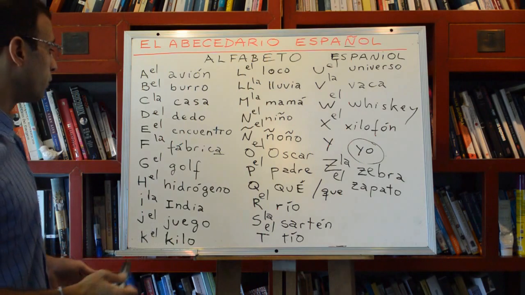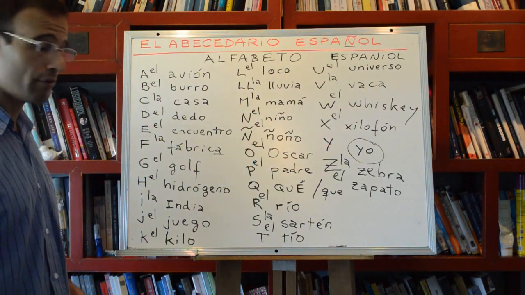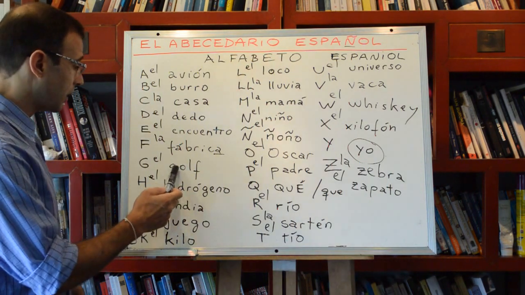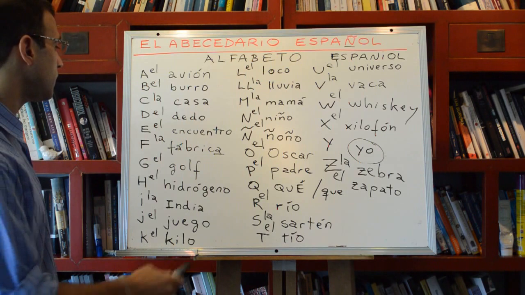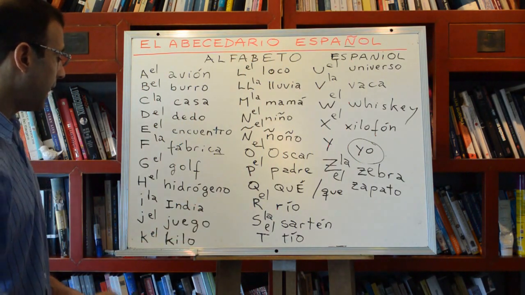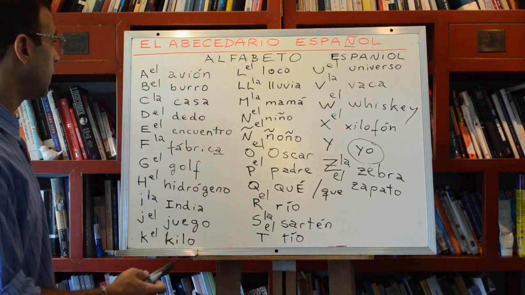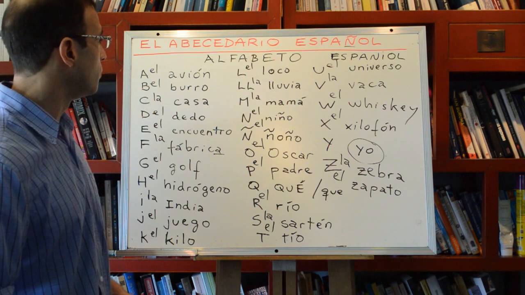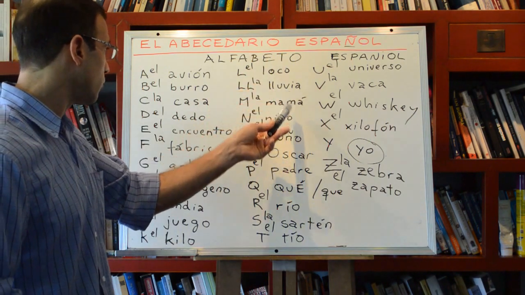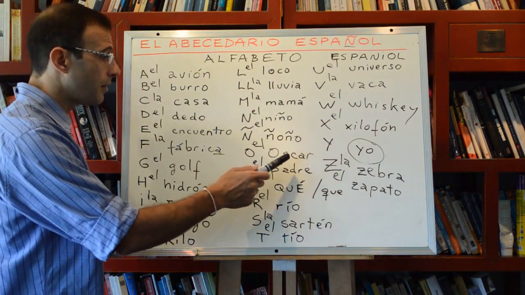So, word for golf, the golf, el golf, okay? It's an O, the last vowel it's got. Hidrógeno, masculine. La India ends with A, okay? Let's see another that can be a bit difficult to identify. El loco, those are easy because they end with O or A. Oscar is a name.